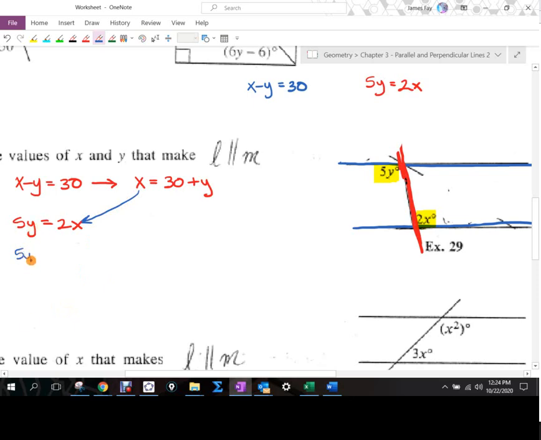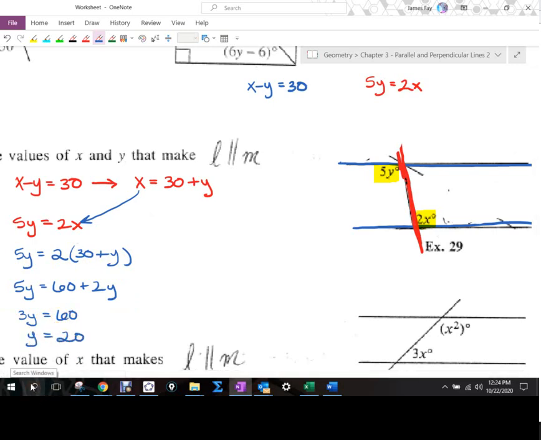So you'd be left with 5y equals 2. Now, x is being substituted with a quantity, so I put it in parentheses. And we subtract 2y. Is that okay?